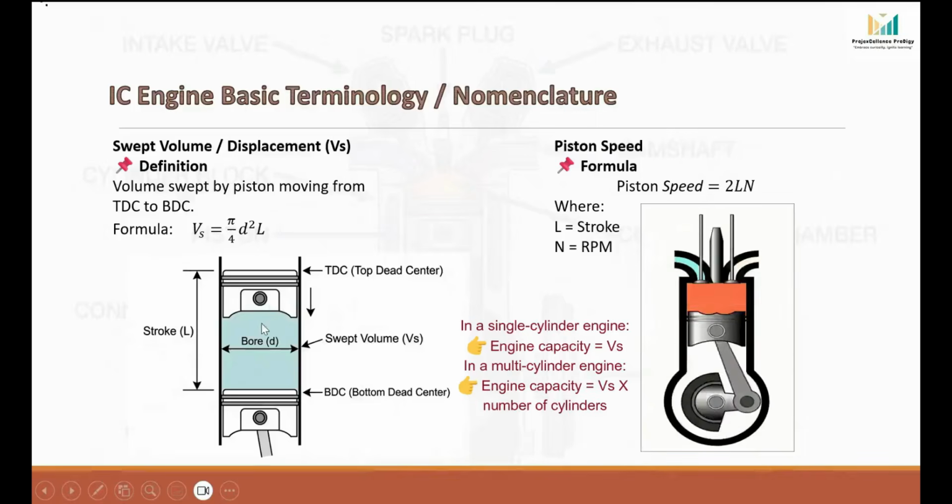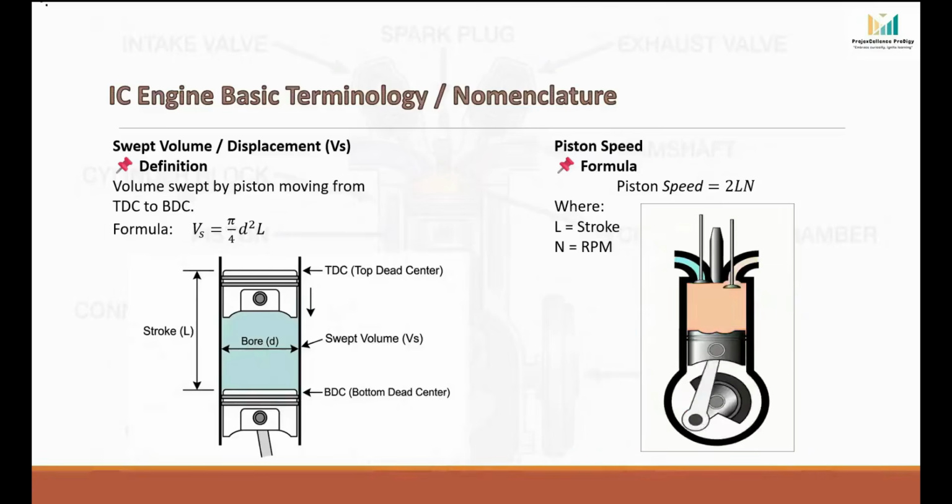In a single cylinder engine, swept volume will be Vs. But in a multi-cylinder engine, the total displacement will be Vs into number of cylinders. For example, if one cylinder is 500cc and there are a total of 4 cylinders, total engine capacity will be 2000cc or 2-liter engine. That's why cars are often described in liters.